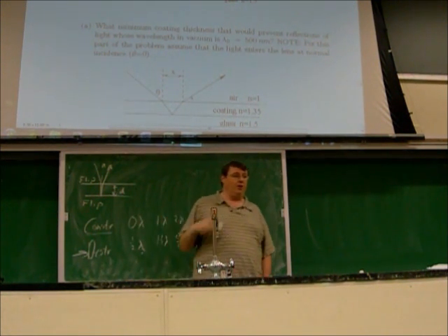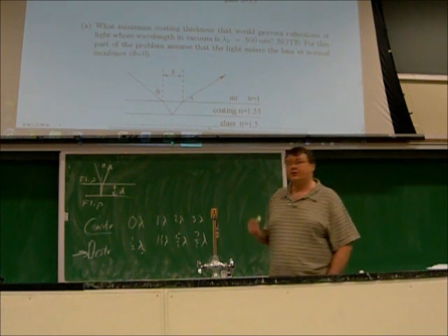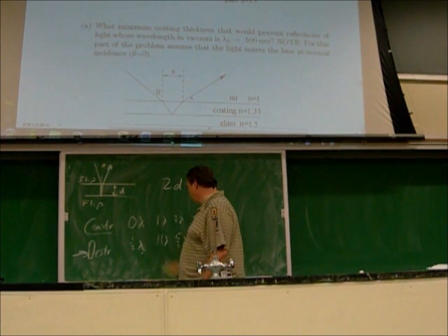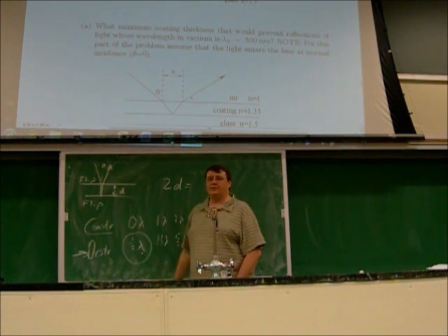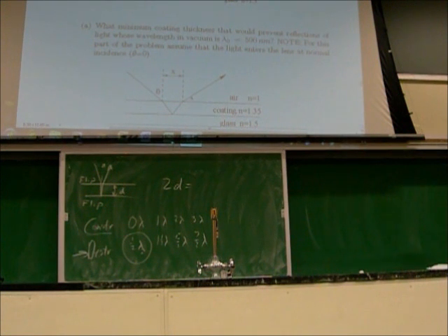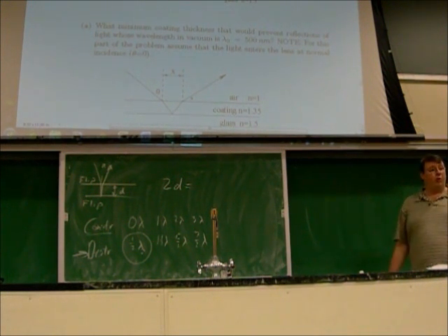The distance I go is how much compared to D? 2D, because I've got to go down and back. And according to this, to get destructive, I want it half lambda. Now, should that be lambda 0 over 1, lambda 0 over 1.35, or lambda 0 over 1.5? 1.35.